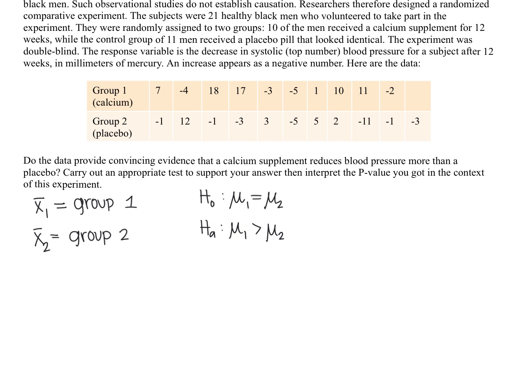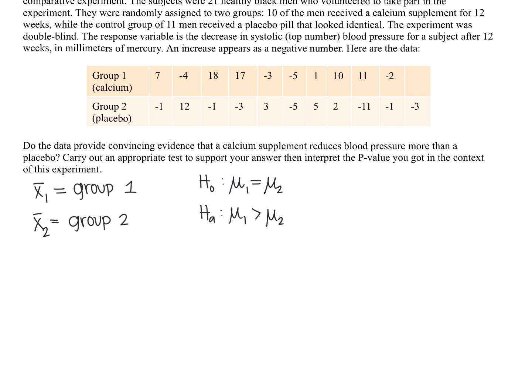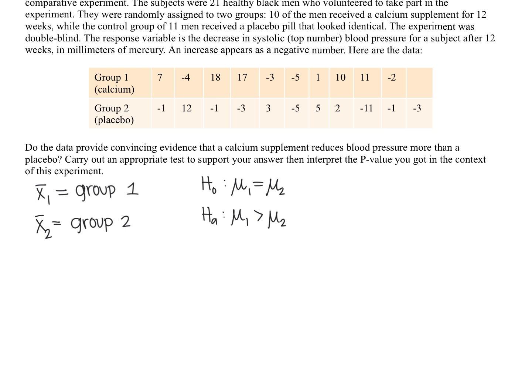So just because it says reduces, we don't actually want a less than, because reduces is actually signified by a positive number here. So we need to calculate all of our statistics. So again, we're going to have to enter all of our data into the list of our calculator.